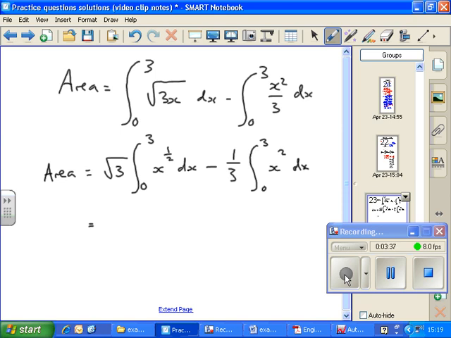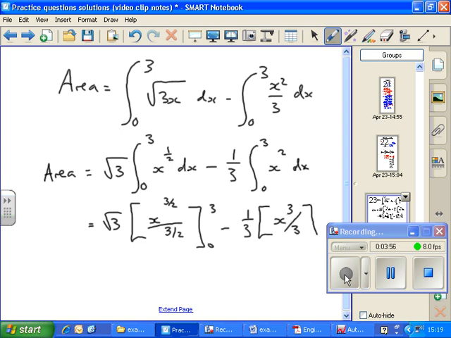So this is going to equal root 3 times x to the 3 over 2 divided by 3 over 2 between 0 and 3, minus a third x cubed over 3 between 0 and 3.